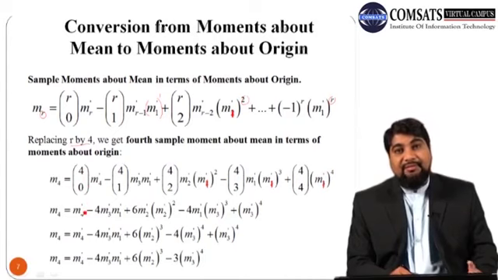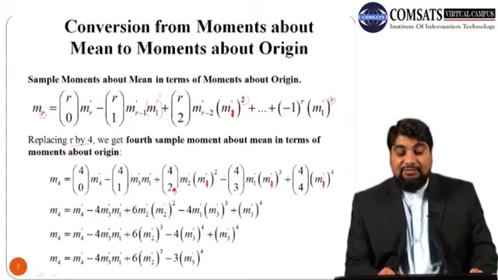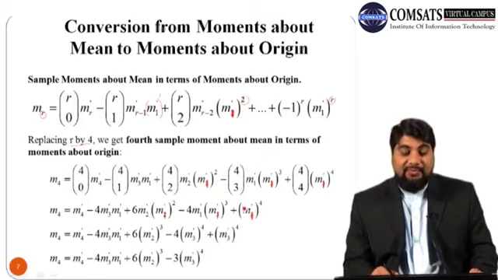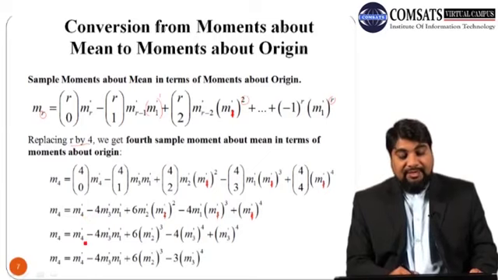So 4c0 is 1, so we get m4 dash, 4c1 is 4, m3 dash, m1 dash as it is, then 4c2 is 6, m2 dash, m1 dash whole square, then 4c3 is 4, m1 dash, and this one is also m1 dash whole cube, then 4c4 is 1, and we are left with m1 dash raised to power 4. In the next step, write the first term as it is, second term as it is.